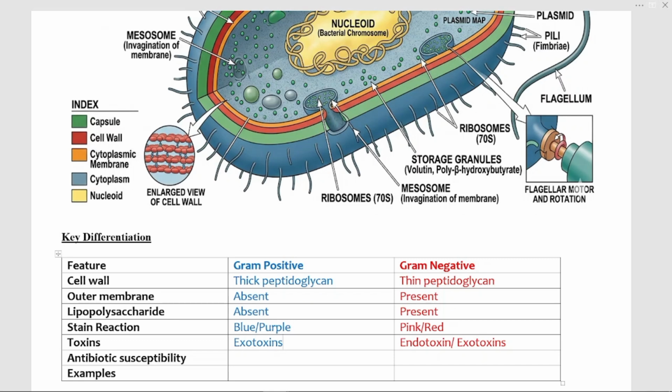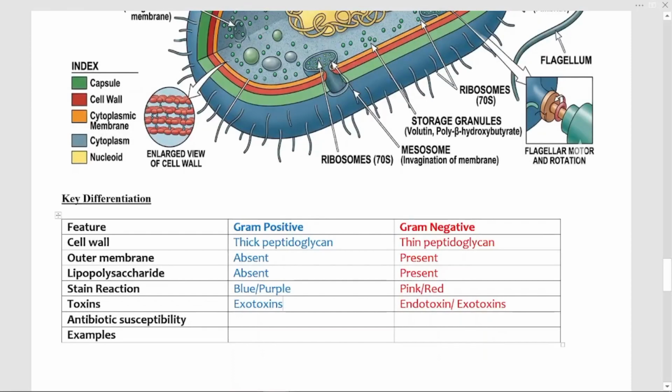Let me give a brief explanation of what I mean. There's something called toxins, and you have two broad categories: the exotoxin and the endotoxin. Exotoxins are toxic proteins that are always secreted by living bacteria, mostly gram-positive and some gram-negative. They are always secreted by living cells, and they are majorly proteins or enzymes, whereas endotoxins are part of the outer membrane of the cell wall and are only found in gram-negative bacteria.